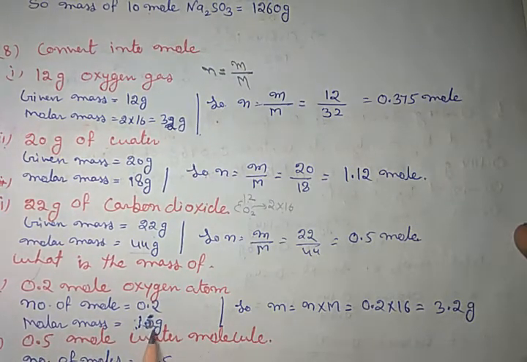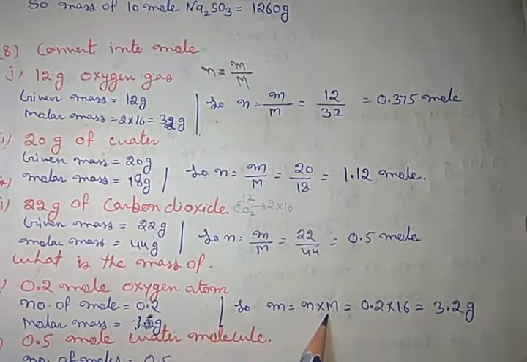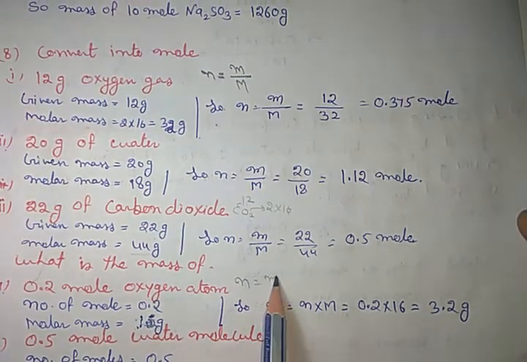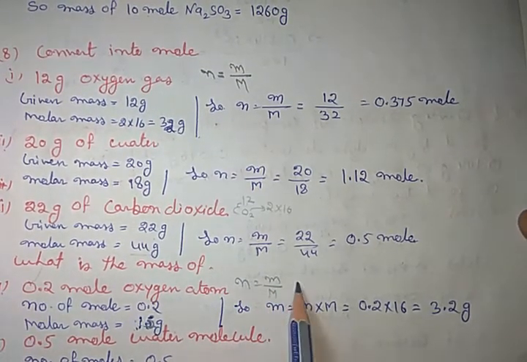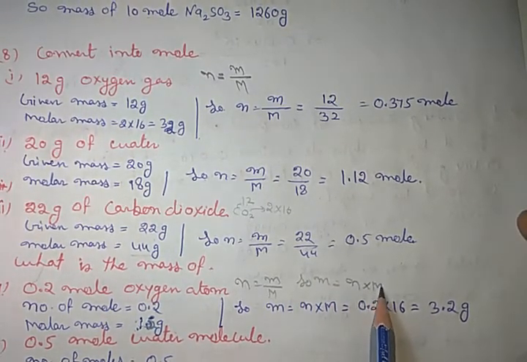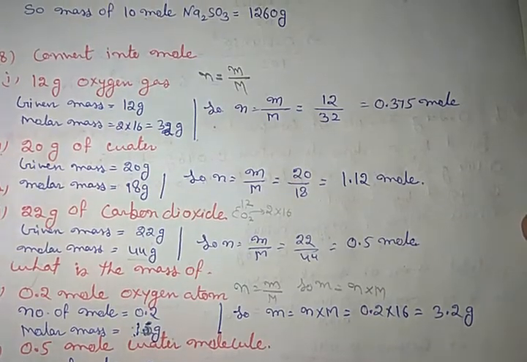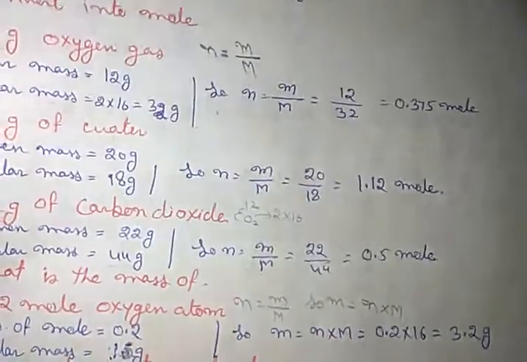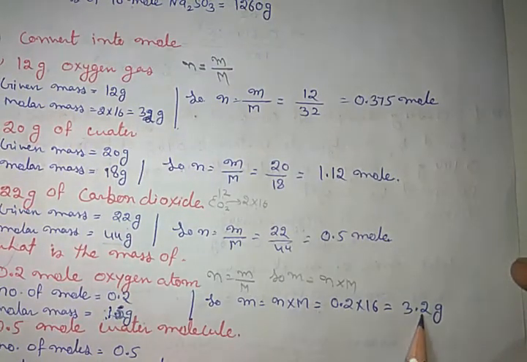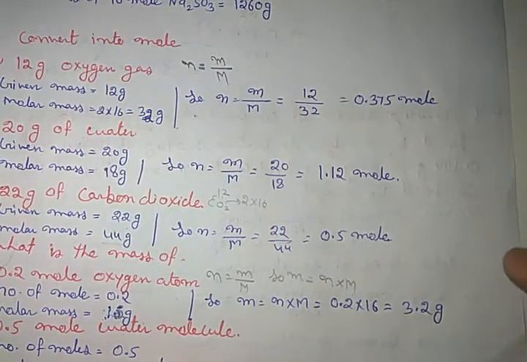Molar mass of oxygen atom, since it is an atom, so that is only 1, so that is 16. So m is equal to n into M, because the formula was n equals m upon M. If we have to calculate m, the formula becomes n into M. Clear? So 0.2 into 16, the answer is 3.2 gram.